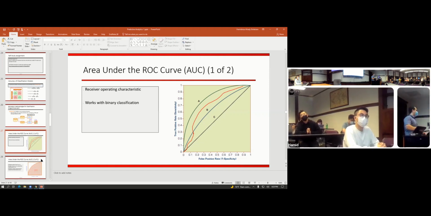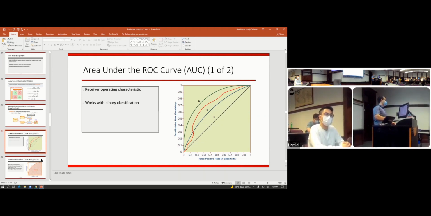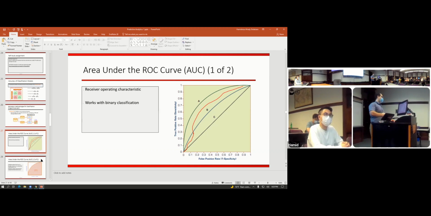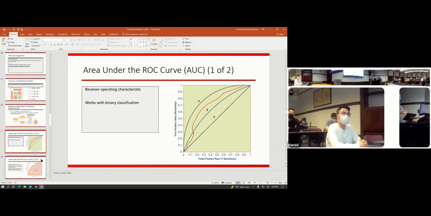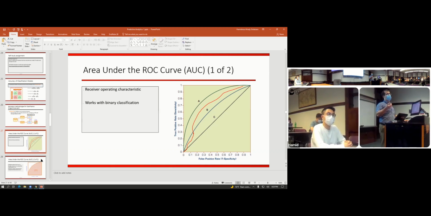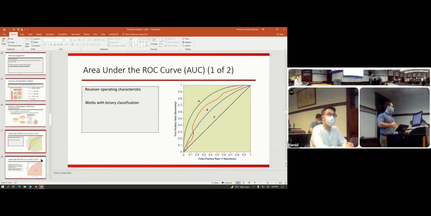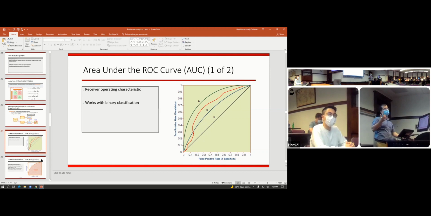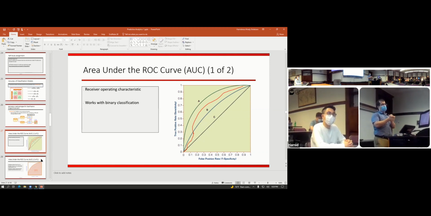Another performance measure is the area under the ROC curve, or AUC. It's for two-class classification. Let's talk about Titanic: whether somebody survived the Titanic disaster or not. Usually, in all the cases, the outcome of the prediction is a number between 0 and 1.